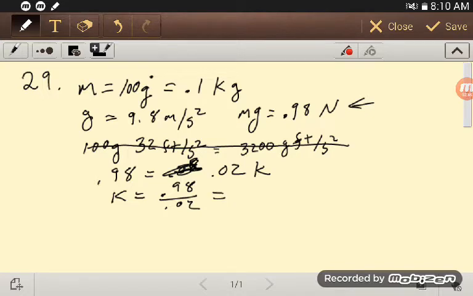What the heck is that? That's 98 divided by 2, and so that's 49. So I think K would be 49 in this case.